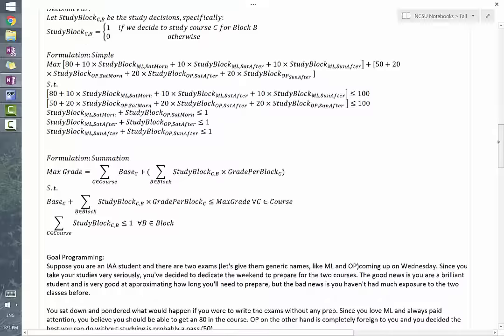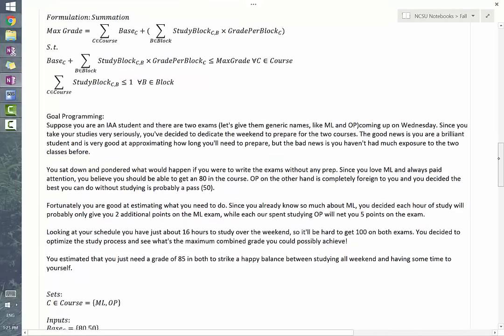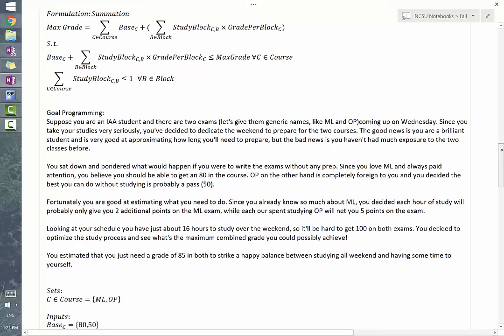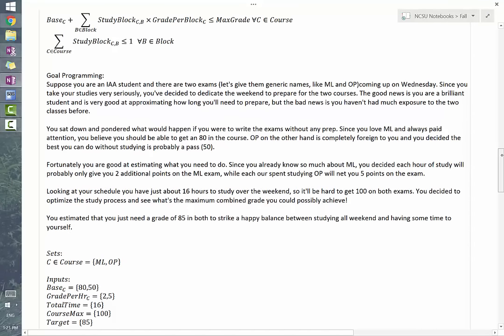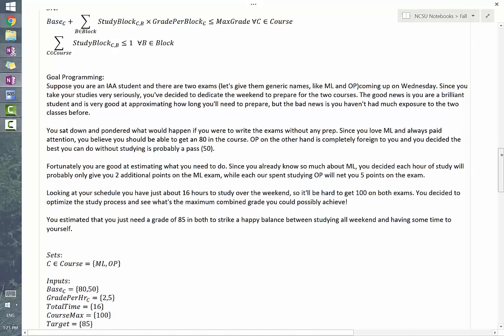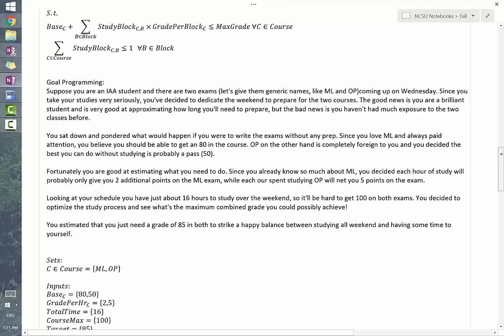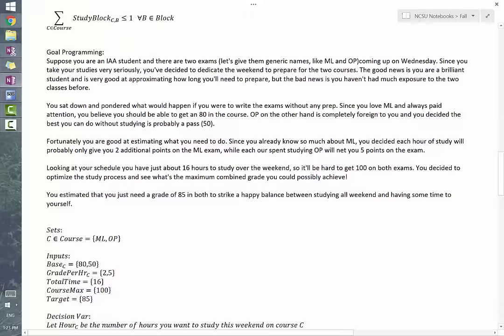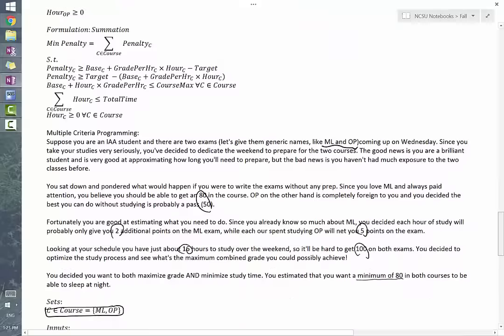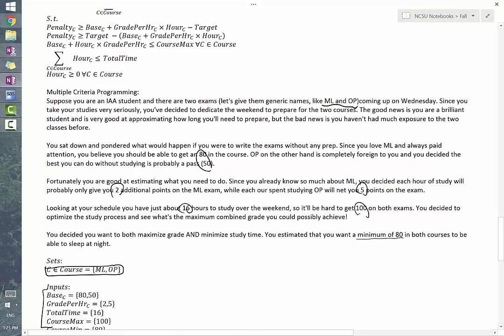And then the next thing we looked at was goal programming, which means we have a target we're trying to achieve. Keep in mind, the only addition is that we're now trying to minimize the absolute difference between the actual value and our target value, and in order to do that, we split it up into two linear constraints. Finally, we came down to multiple criteria programming.